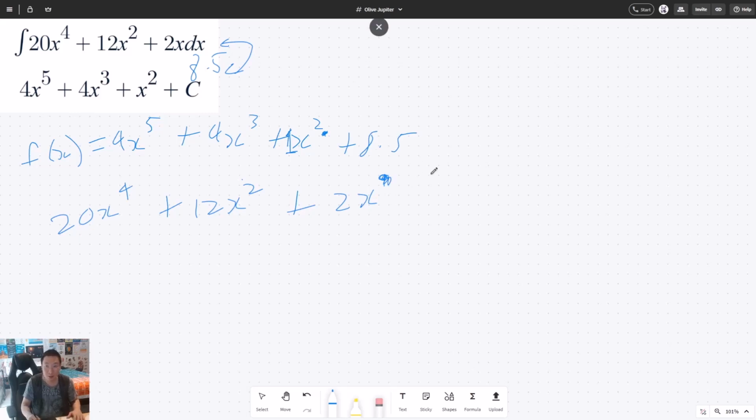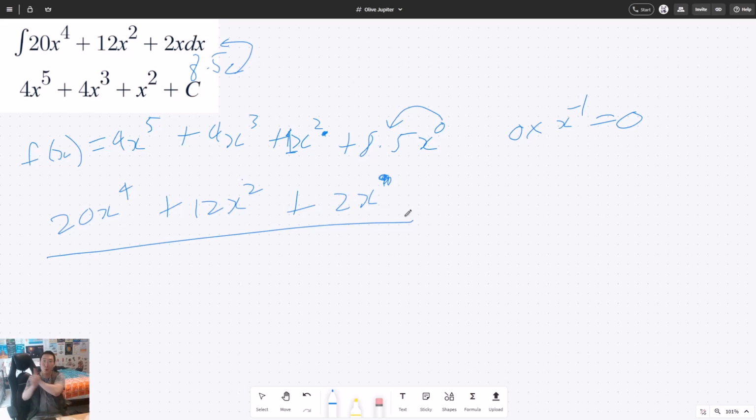And the constant disappears because, technically, we have x to the power of 0, which would be 1, and we multiply 0 by 8.5, that becomes 0, and 0 times anything is 0. So that's the basics of how this works. Now we have 20x to the power of 4 plus 12x squared plus 2x.